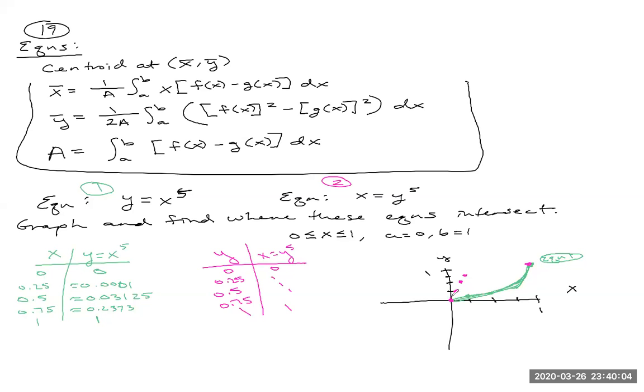So you'll get something that looks kind of like that. I would definitely suggest trying to draw these out so you can have a better idea of how smooth they should be. I'm just still working on this tablet thing right now, trying to figure it out. So thanks for being patient with me on this. Okay, so basically we're looking for the centroid of this region here.